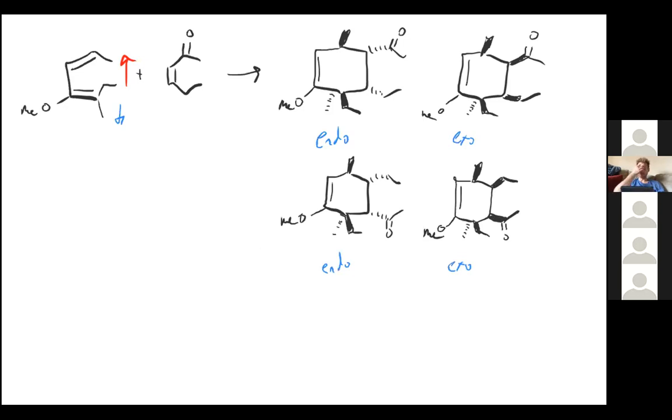Taking a look at the resonance, our resonance for our dienophile is pretty much always the same, which makes it a lot easier. We can push it upward. Get a positive charge here.